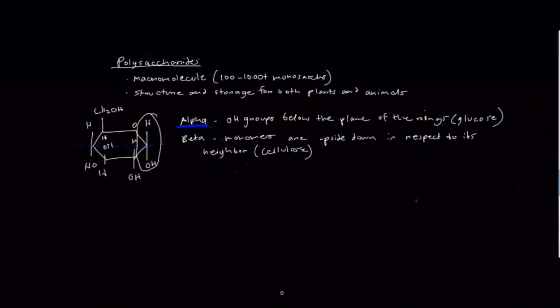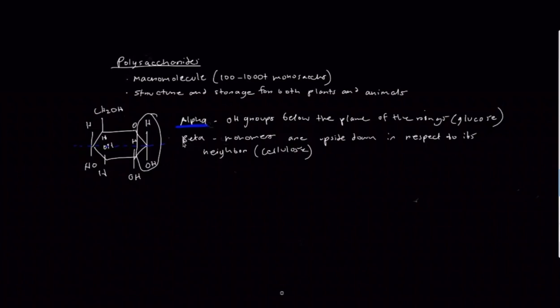That upside down structure is enough for us humans and actually most animals to not be able to hydrolyze or digest cellulose. And essentially as soon as we consume cellulose, we just poop it out, right? Because enzymes that digest starch because of its alpha linkages are not able to hydrolyze the beta linkages of cellulose because they're so distinctly different in shape between these two molecules, right?